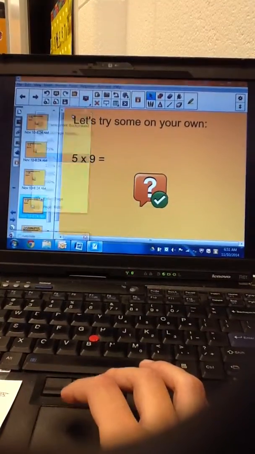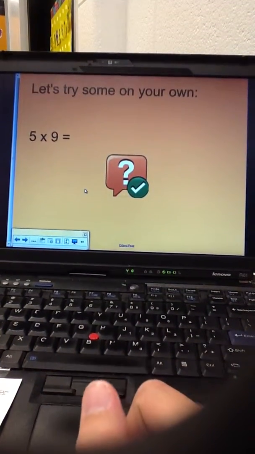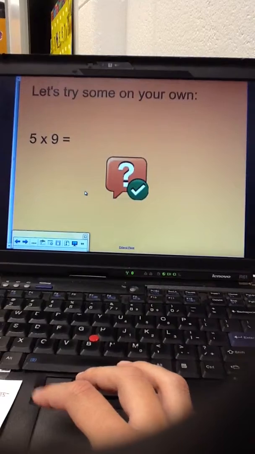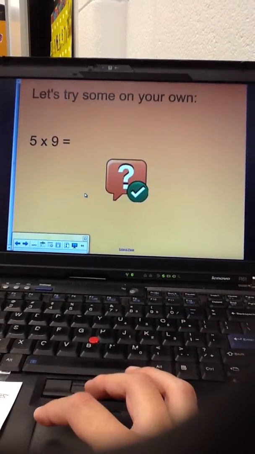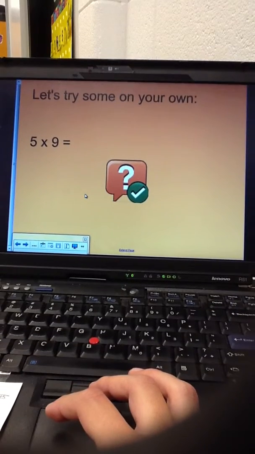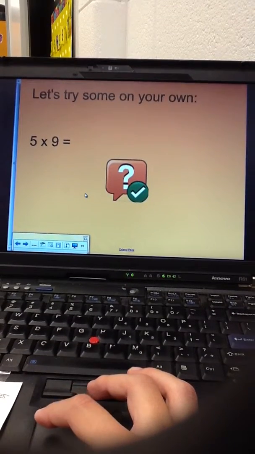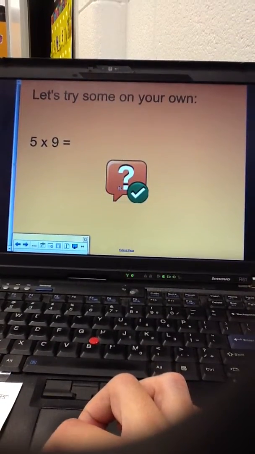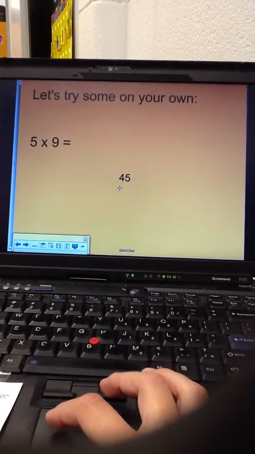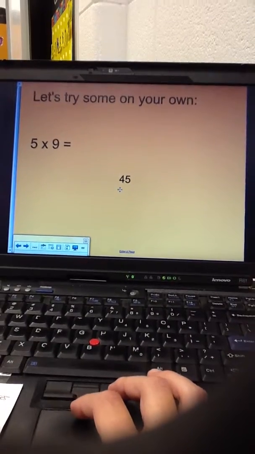Last one. 5 times 9. Use one of those strategies to see if you can solve 5 times 9. Hopefully you and your group got that 5 times 9 equals 45.